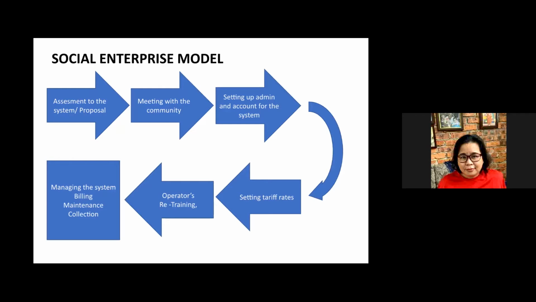After that, we hold a meeting with the community regarding our proposal to manage the system. If the community agrees, we will set up an admin and account for the system. After that, we will set up tariff rates, then operator retraining, and last but not least, managing the system, where we will do the billing, maintenance, and collection. Next.